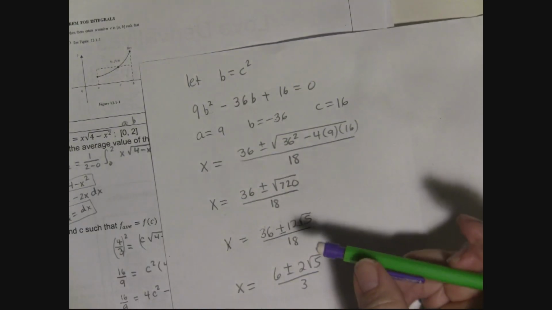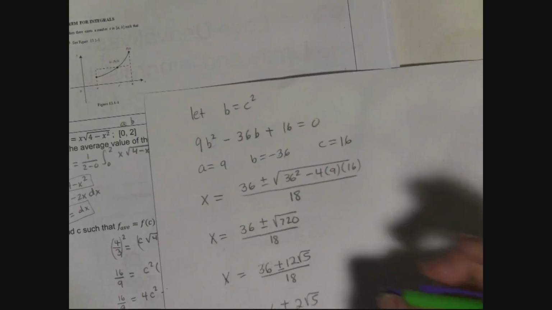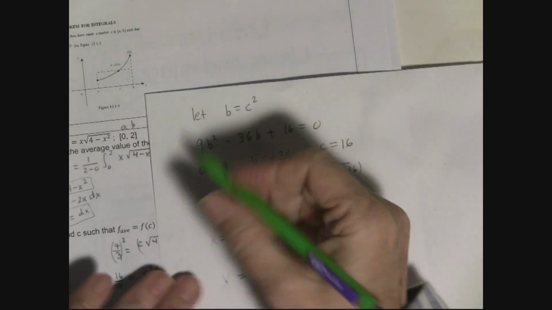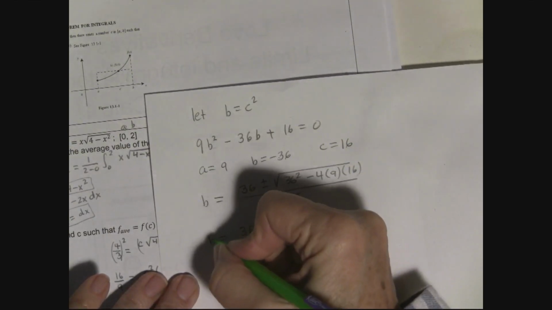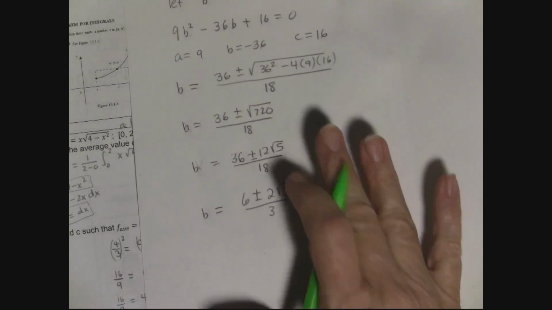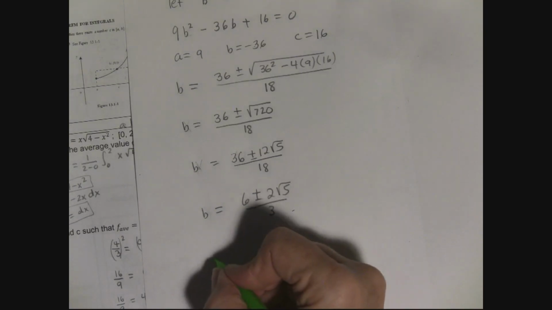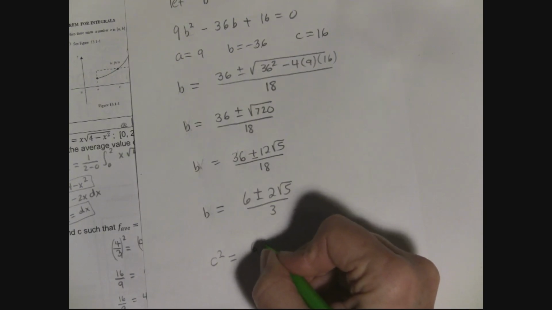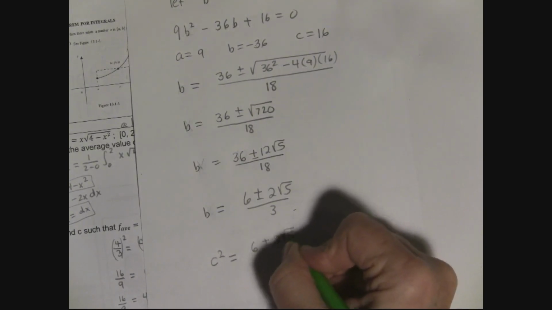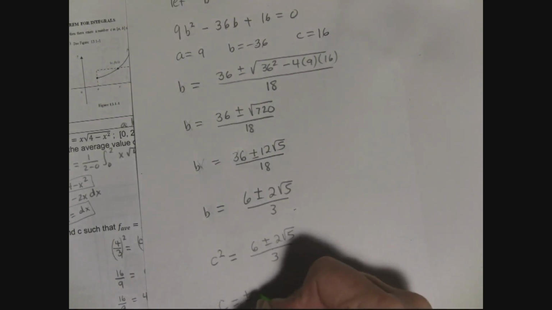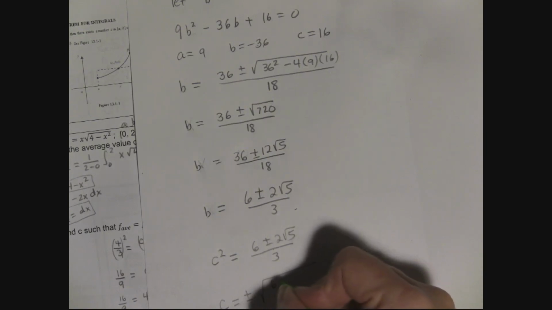And that wasn't really x, that was really b. And then b equaled c squared, so this is c squared, which is what we were trying to solve for, is 6 plus or minus 2 square roots of 5 over 3. So c equals plus or minus the square root of a square root.